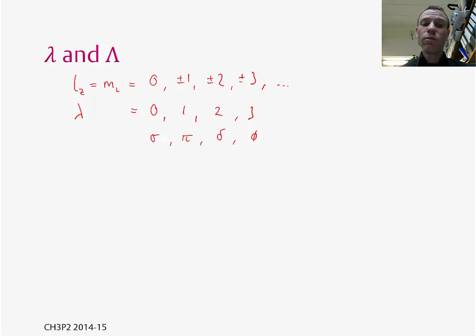Now once we've got a molecule with several electrons in, we have to combine these little lambda values to give us our capital lambda values. Capital lambda is basically the sum of the individual lambda values. This one's actually a straightforward one to work out. In this case, it's just the sum of the components. You remember when we were coupling, for example, L and S, we had integer steps between the sum and the difference.